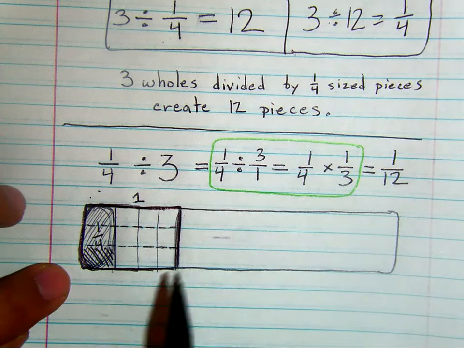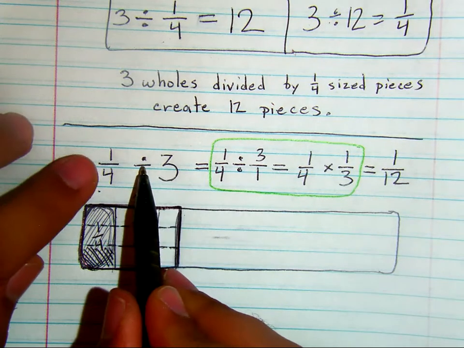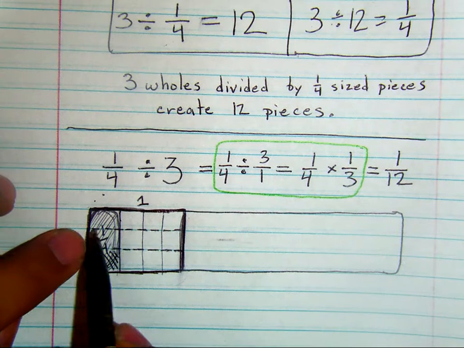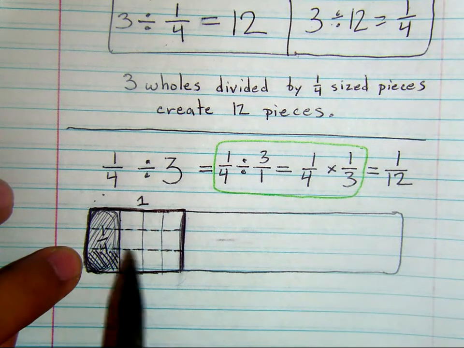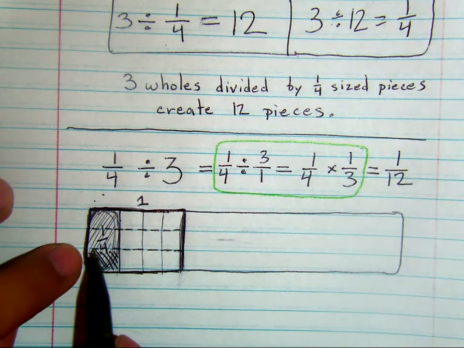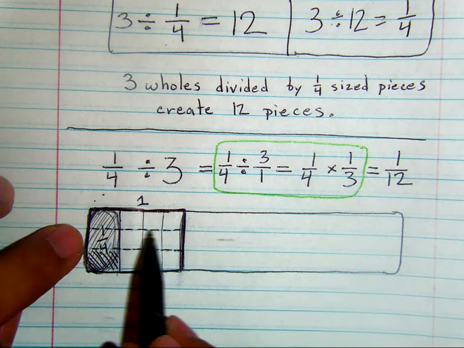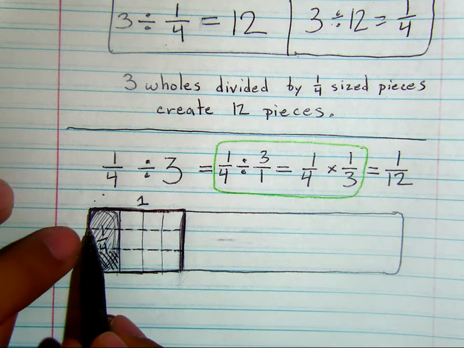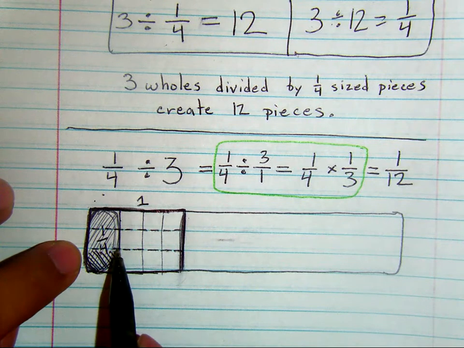And what I've done is I've shown how you can divide that 1/4 of 1 whole into 3 pieces. Yeah? But by doing that, you're actually breaking the whole pie up. You're actually breaking the whole candy bar up. You're actually breaking the whole thing up when you break the 1/4 into 3 pieces. Cool?